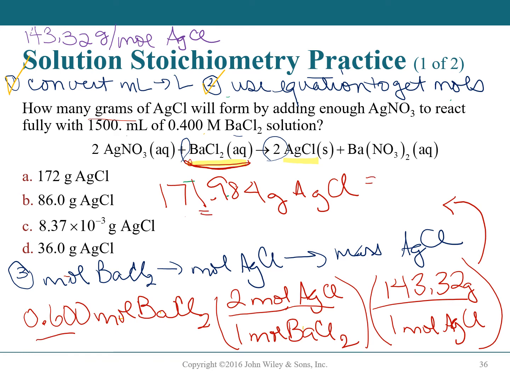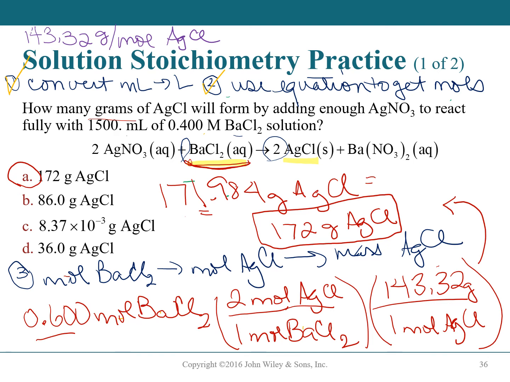I have to round up to 172 grams of silver chloride. Right there. And it so happens it's A. So all this work, those 3 steps we just did. 1, converting from milliliters to liters. 2, using our molarity equation to get the moles of solute. 3, now we finish our solution map, and then we get 172 grams of silver chloride.